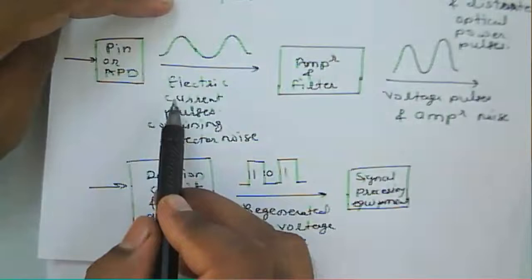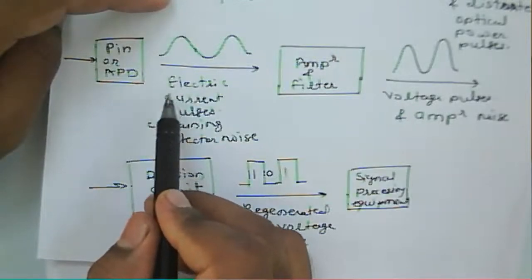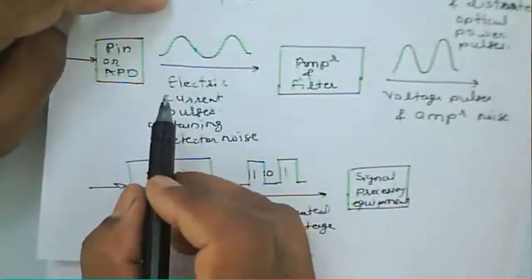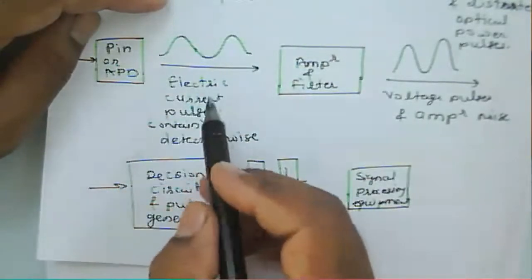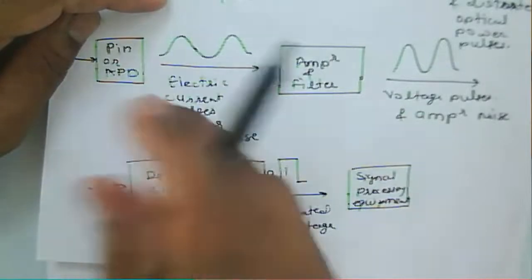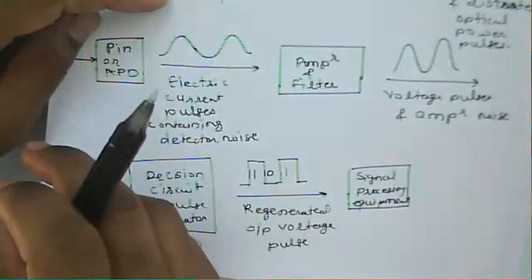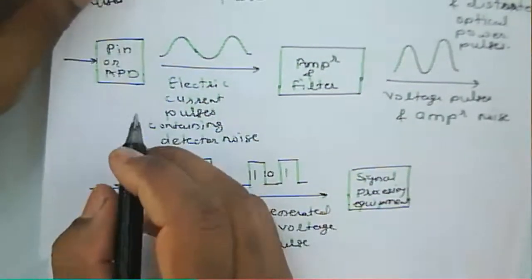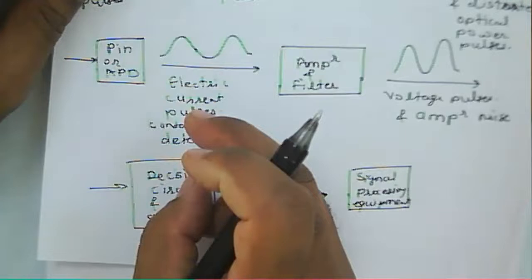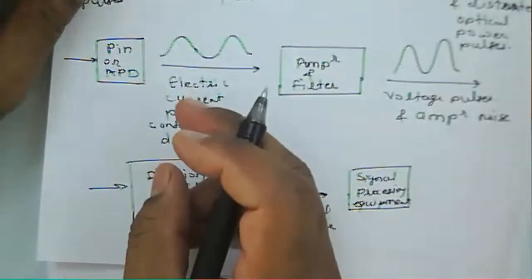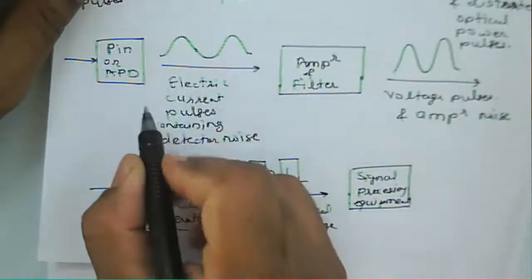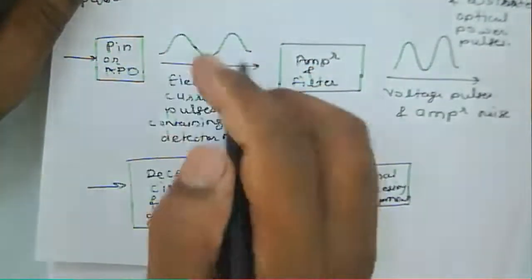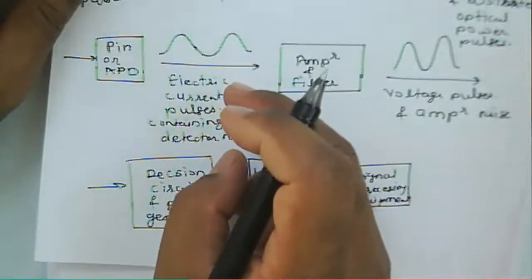Because the detector has a generation of the electron and hole pair because of that photon, that process of generation of the electron and hole pair is a statistical process. And if you see the distribution of that process, it will be a Poisson distribution, and we can say that the noise is a shot noise or a Poisson noise.